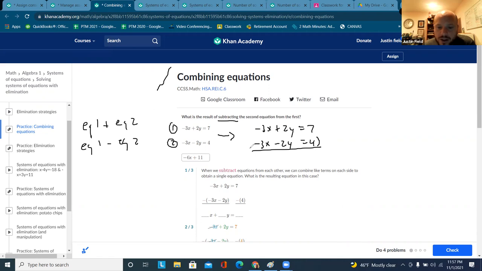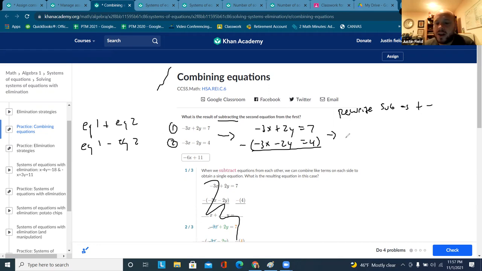Like you see here, we're just going to subtract the whole thing. The one thing that they don't do that I always do is I rewrite my subtractions as plus a negative. Or you can just think of it as changing the signs.